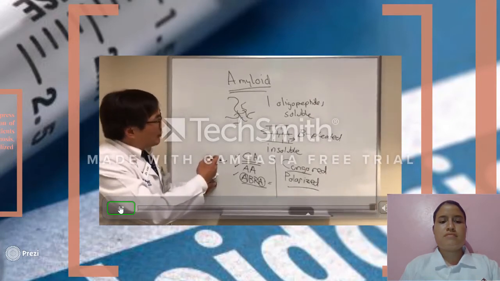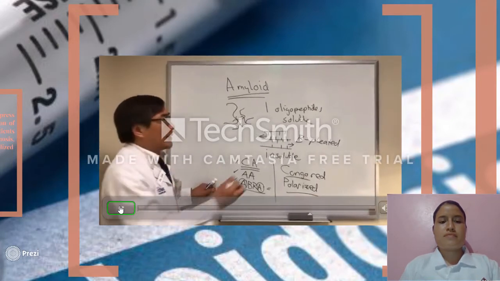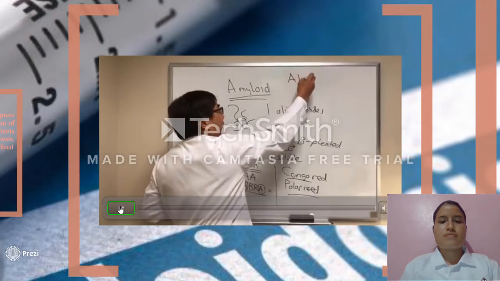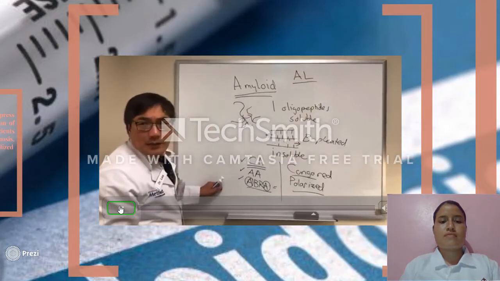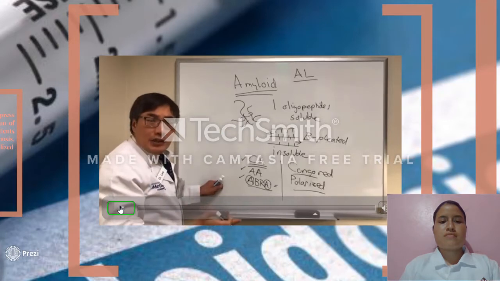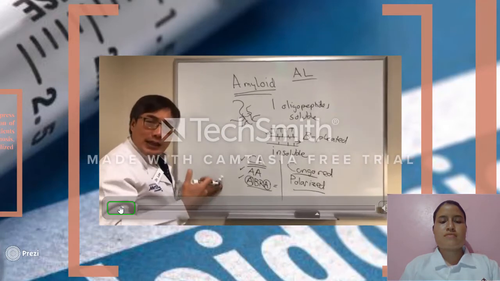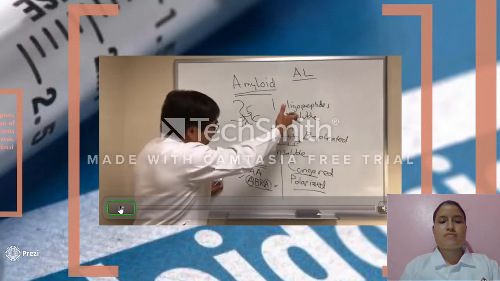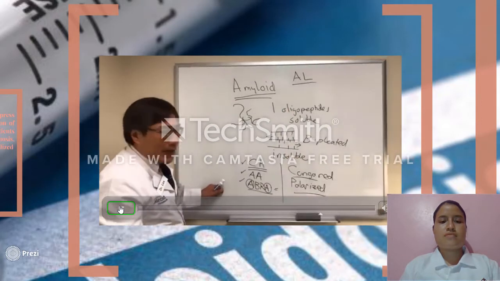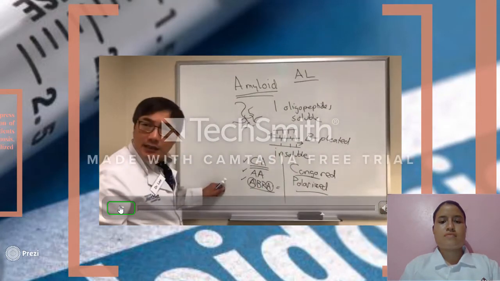So the amyloid proteins that we have to worry about can arise from the light chain production, which is amyloid light chain, AL. So if you have light chain overproduction, those form the basis of the oligopeptides that become the beta-pleated insoluble sheet.